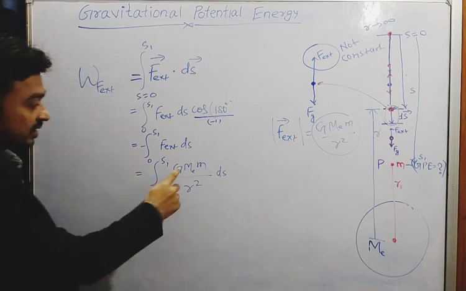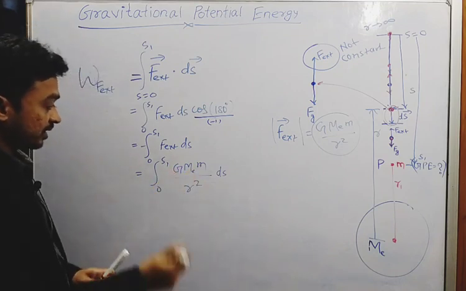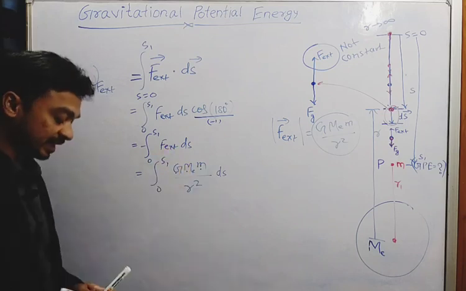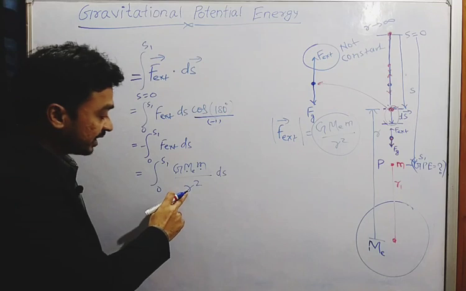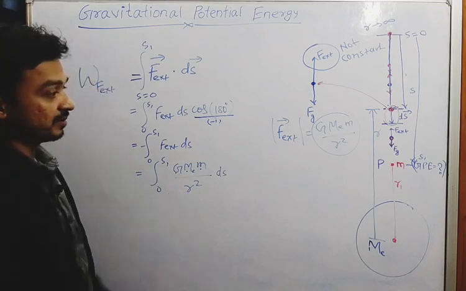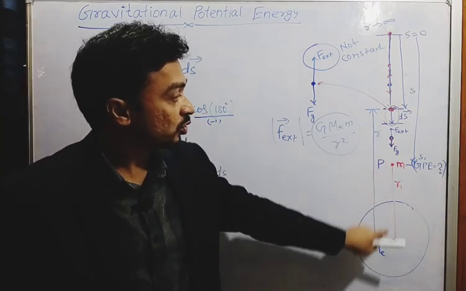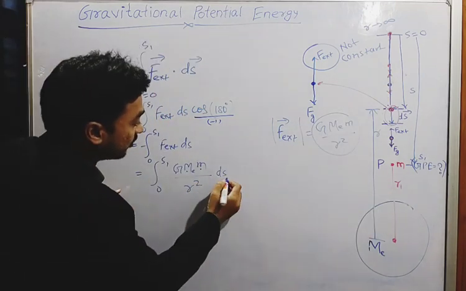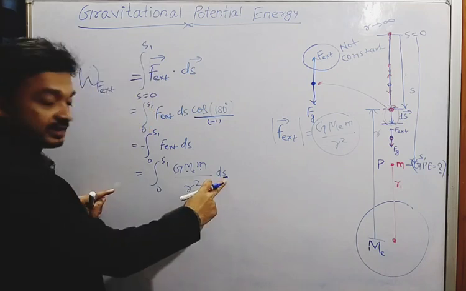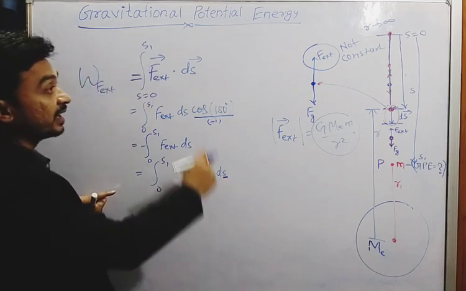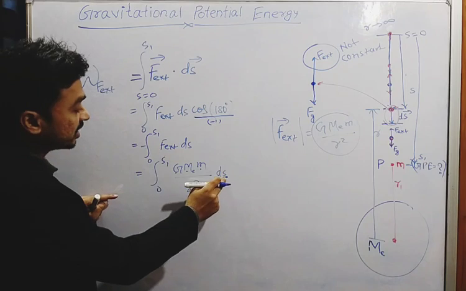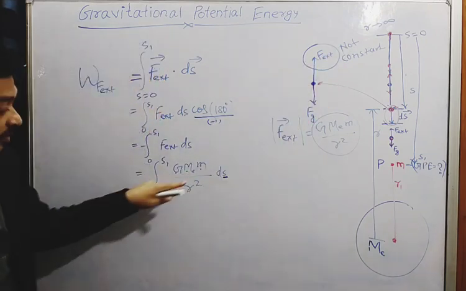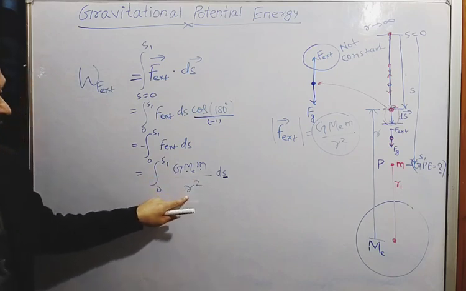See, there are some constant terms. This G is the universal gravitational constant, mass of earth is constant, mass of object is constant, but r is not a constant. R is varying throughout the path, but here we are calculating with respect to s. Our variable is s. That's why the limit is with respect to this variable from 0 to s1. But here the variable is r.